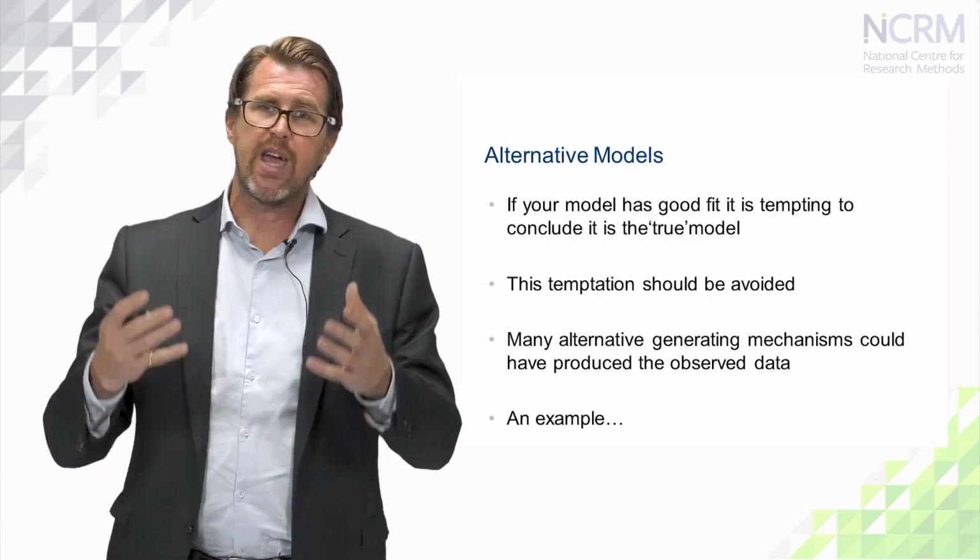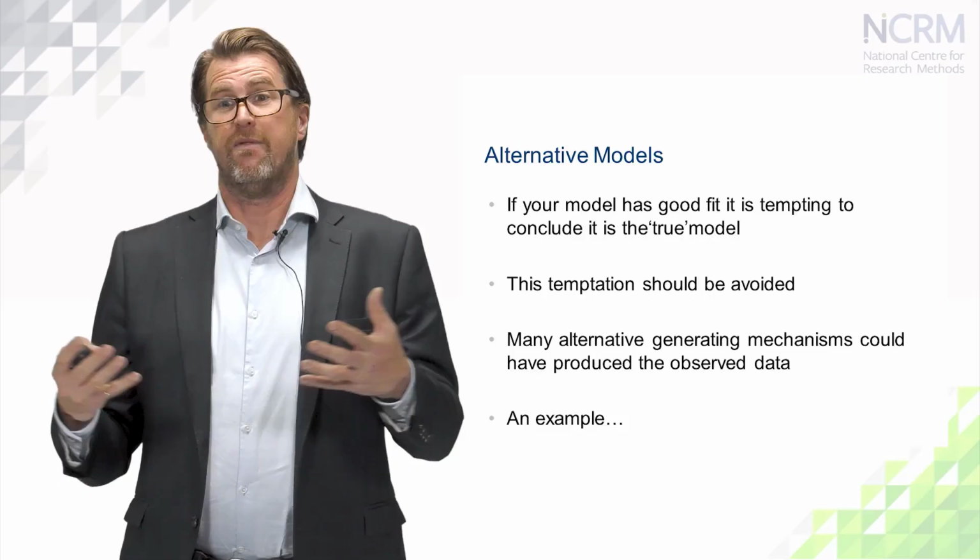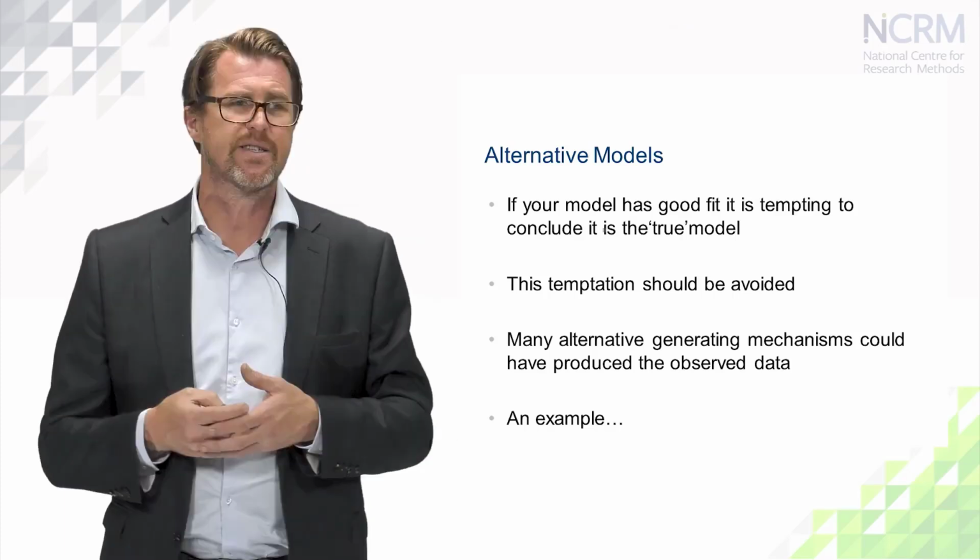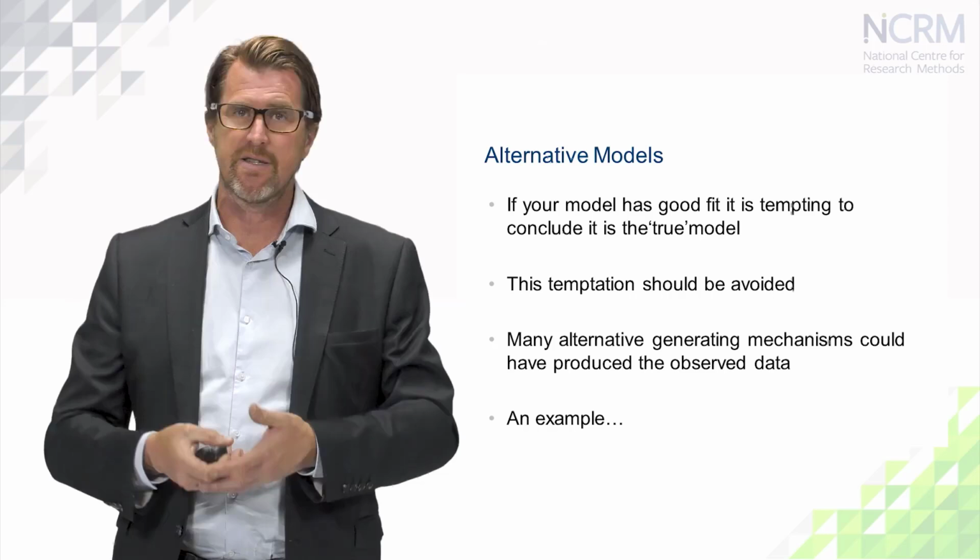Then we check the fit of the structural model, and if that fits, then we say, well, our model fits the data, and we have a theory which is supported by the data. Now that might lead us to conclude that we've got the true model. This is the correct data generating model.